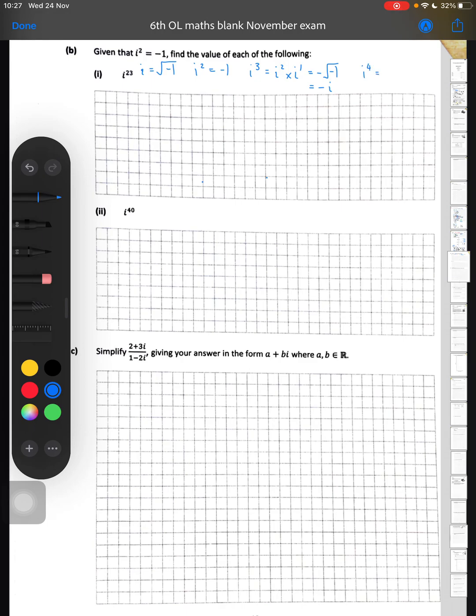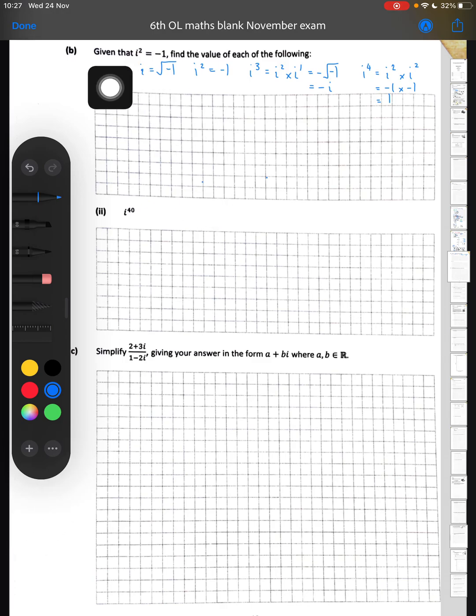And then i to the power of 4 is i squared times i squared. So it's -1 times -1, which is just 1. Okay, so i to the power of 4 is the nicest one for us to get things in terms of here, because it just means that we can replace them with 1. And we know when something multiplies by 1, it just stays the exact same.